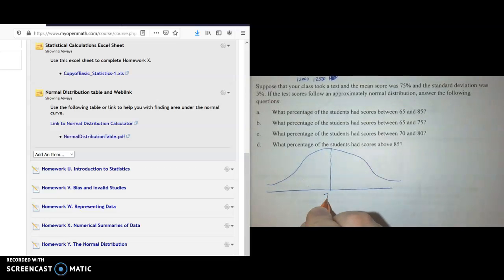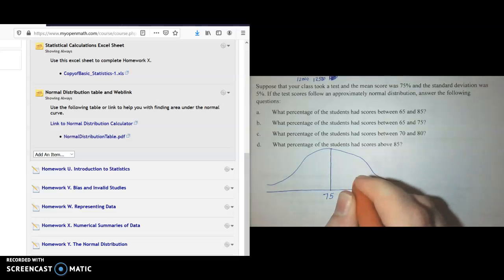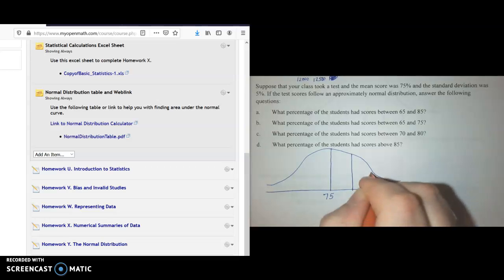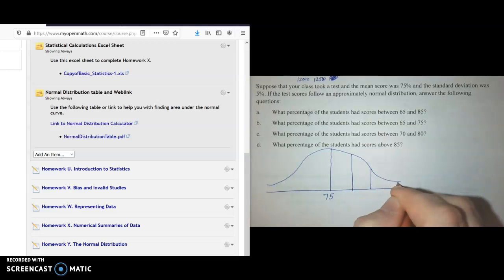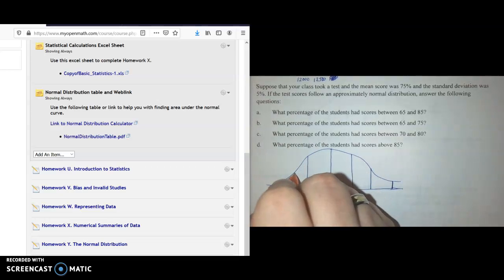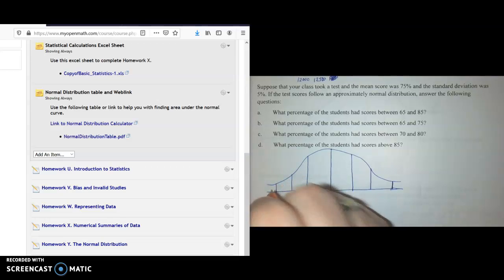So the mean is 75, and I want to indicate 1 standard deviation, 2 standard deviations, and 3 standard deviations above the mean, and 1, 2, and 3 standard deviations below the mean.